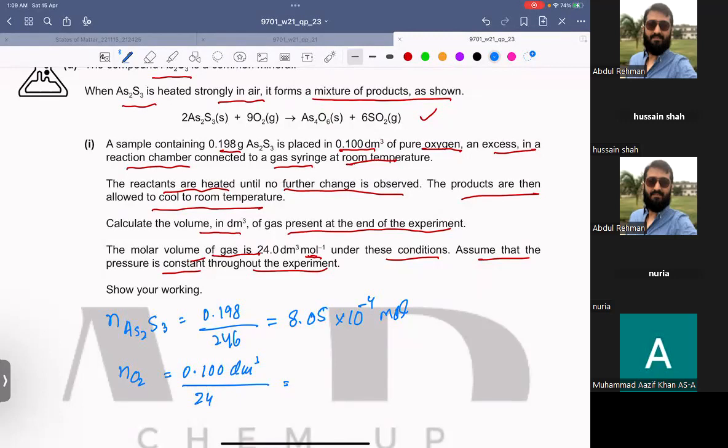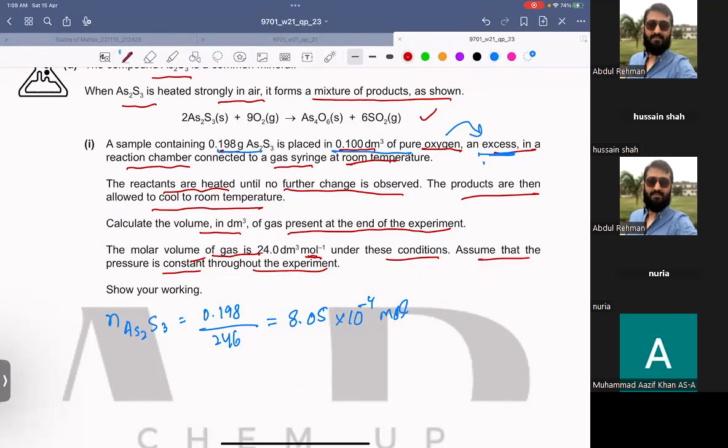No, first we have to identify, because see, the amount of both reactants is given, so first we have to identify which one is limiting. Okay sir, but the question says oxygen is in excess. Okay, very good, thank you. Yes, so there's no need to do this. If the oxygen excess is mentioned, yes, I overlooked it over here.